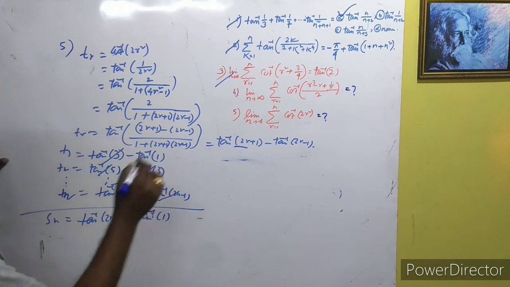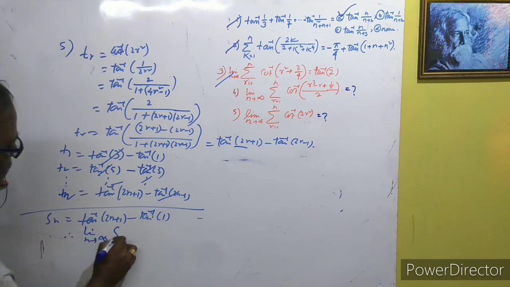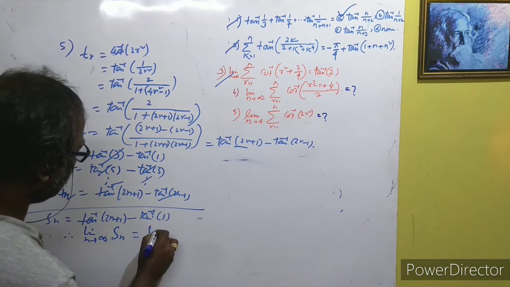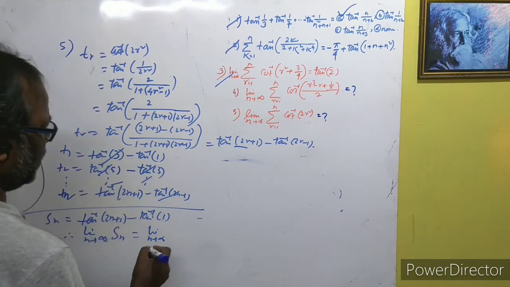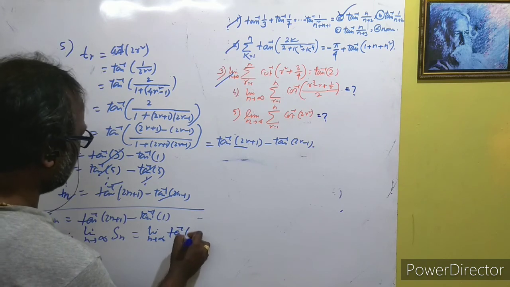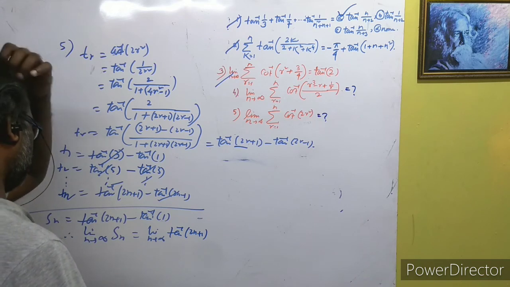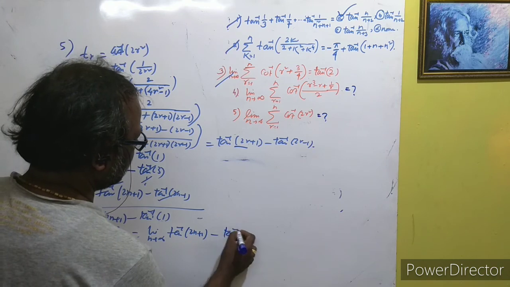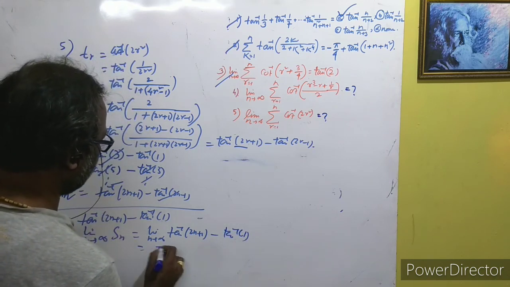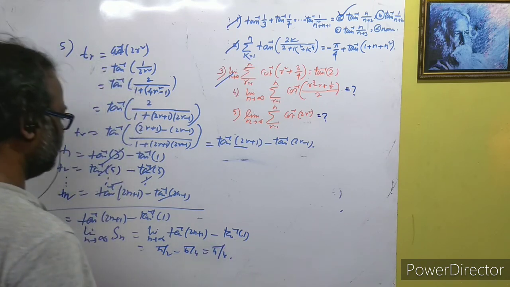So now here, n tends to infinity, so the summation limit as n tends to infinity of Sn, so you can write tan inverse of infinity, 2n plus 1. If we put infinity here, this will be infinity, this is tan inverse 1, so that means pi by 2 minus pi by 4, this is here pi by 4.